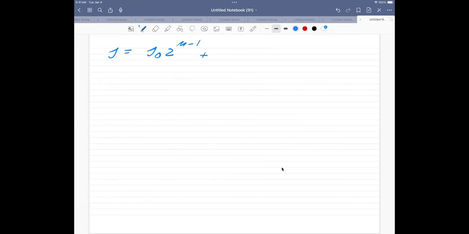And then you have plus a J1 times 2 to the power of n minus 2, plus and so on, and then you end up with a Jn minus 2 times 2 to the power of 1, plus finally a Jn minus 1 times 2 to the power of 0. So this is the kind of notation you can use.